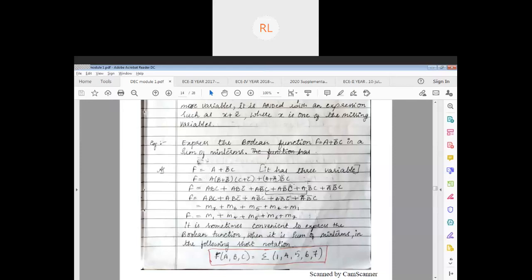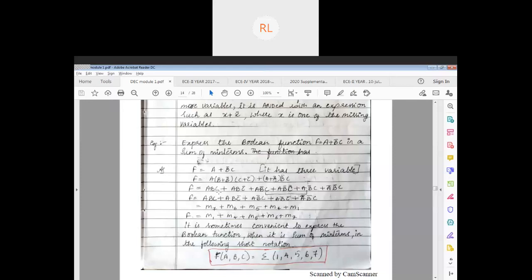The third term is going to be A, B bar, C, and then A, B bar, C bar. Similarly here, A, B bar, C, and A bar, B bar, C. All these terms are multiplied, and I have it here straight.